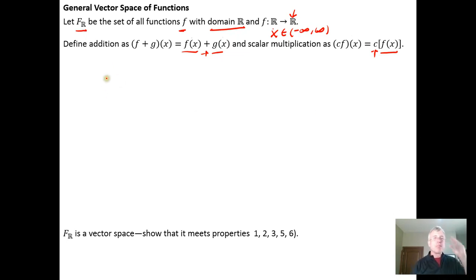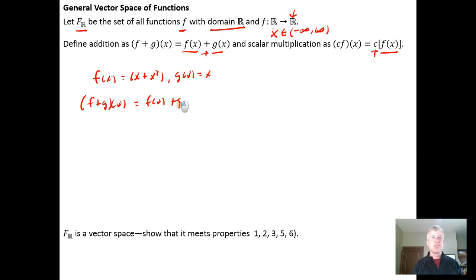So an example here would be letting f(x) equal, say, x plus x squared, and just letting g(x) equal x. So using this definition, we would say (f plus g)(x) equals f(x) plus g(x).